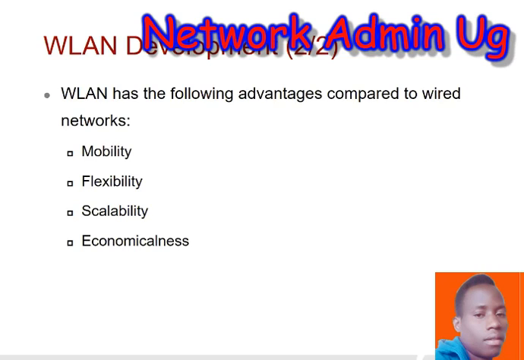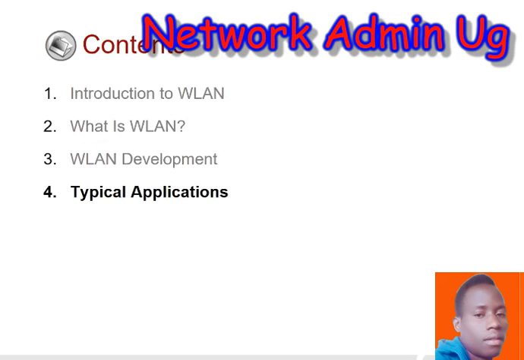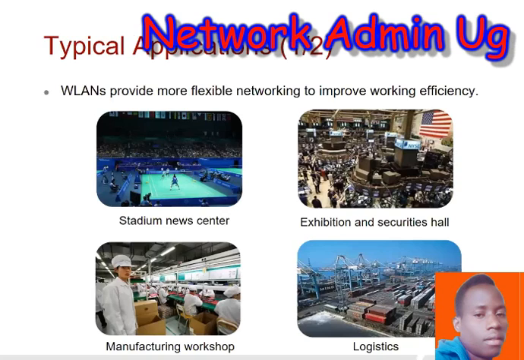Then for economy, we have looked at the absence of construction costs of buying cables and all that, and easier deployment for that matter. So those are some of the advantages. For the typical applications of this network, we are going to look at the stadium, news center, or exhibition halls, manufacturing, and logistics.